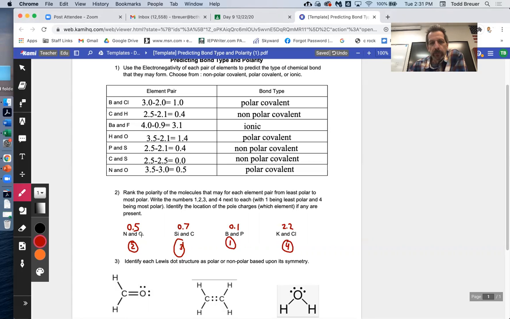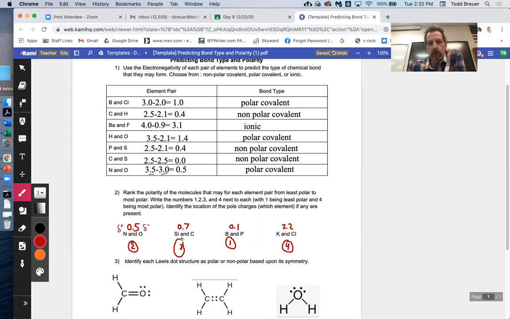Oxygen had a value of 3.5, and nitrogen had a value of 3.0. This was nitrogen and oxygen. We've already done that. So it looks like oxygen has a greater electronegativity. It attracts electrons better. So the oxygen is the partial negative pole. The nitrogen side would be the partial positive pole. And that's how we make that determination.